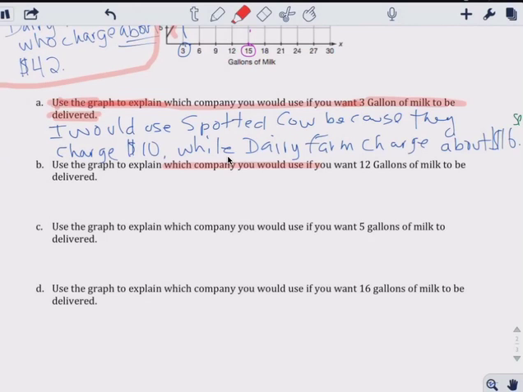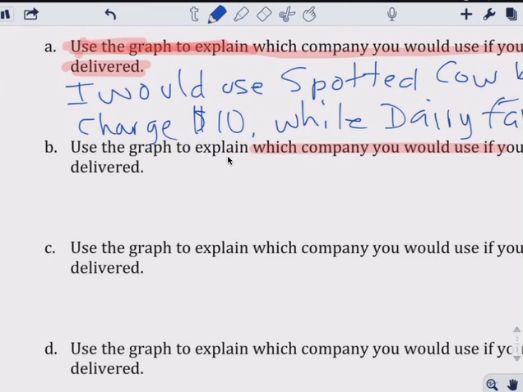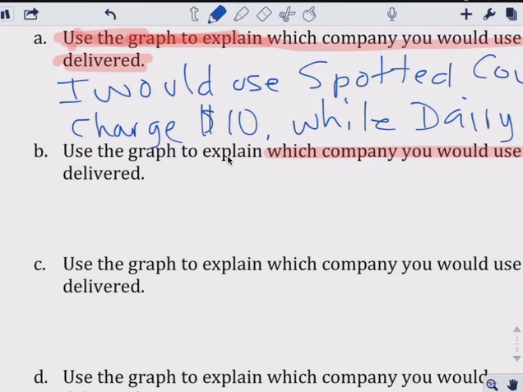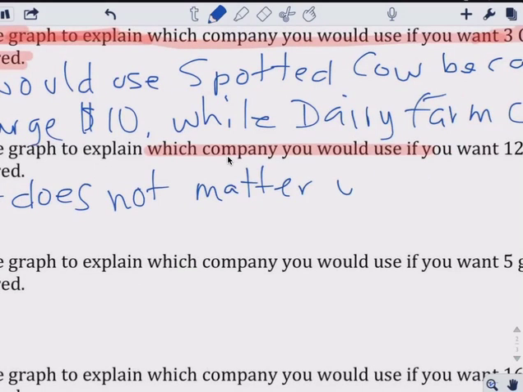Okay, which company would you guys use? Both of them. Everyone, you speak. It does not matter which company, I will not participate if I'm not given a company.